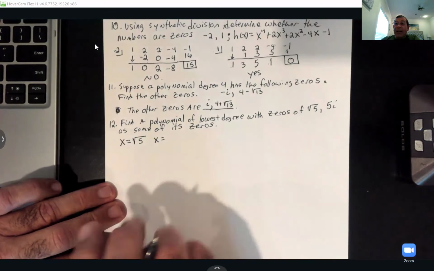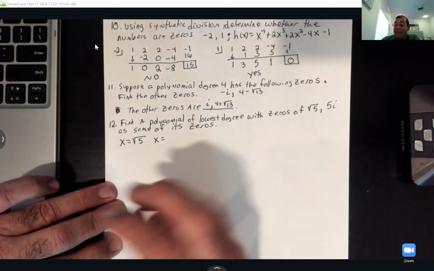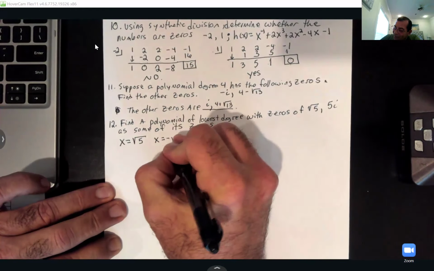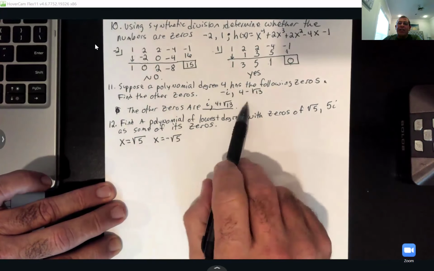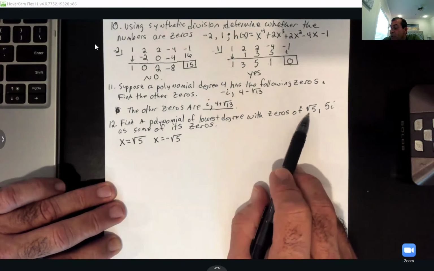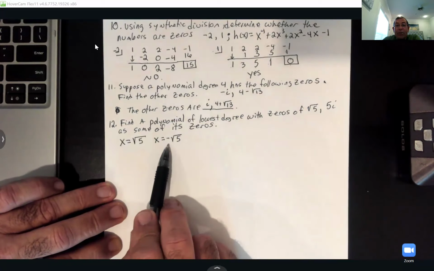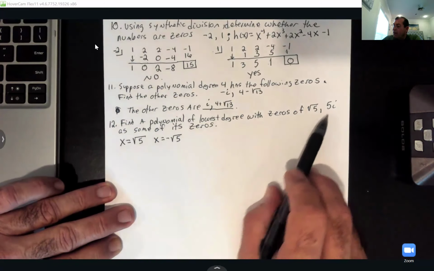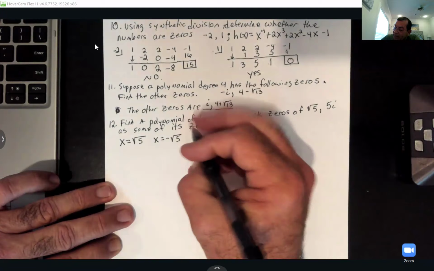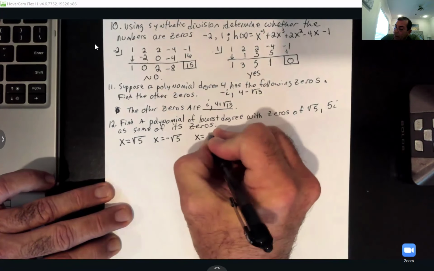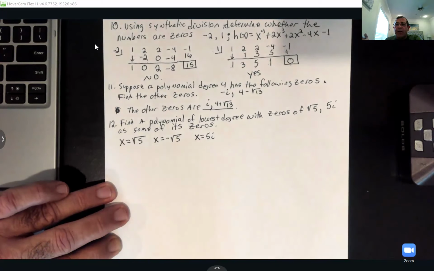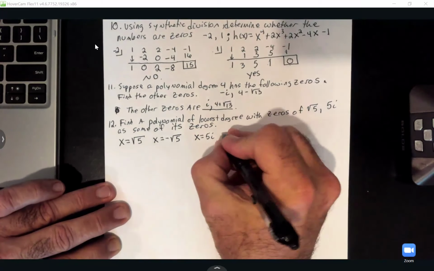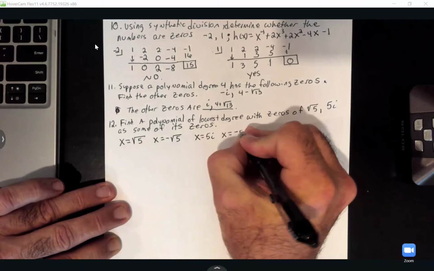Well, y'all better be saying negative square root of 5, right? Remember, y'all just told me up here, they have to have their conjugates. So if they give you a square root of 5, negative square root of 5 is a 0. Look here, they're giving me a 5i. If 5i is a 0, what else must be a 0? Negative 5i.